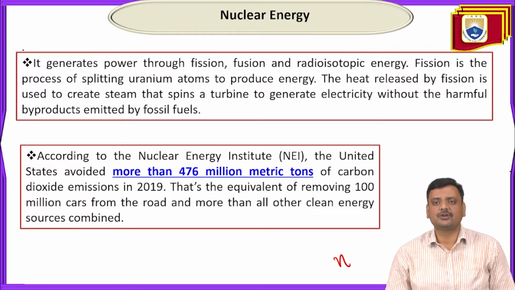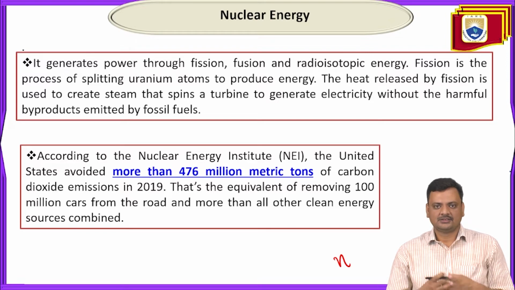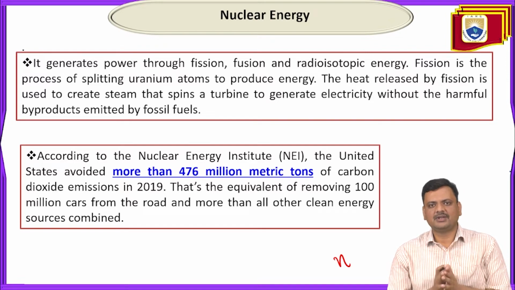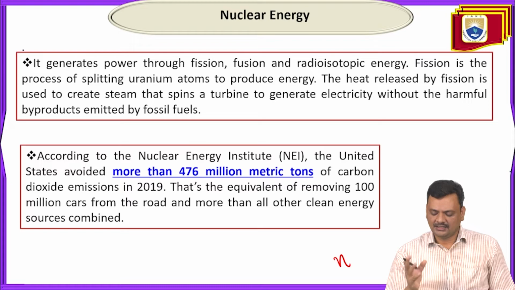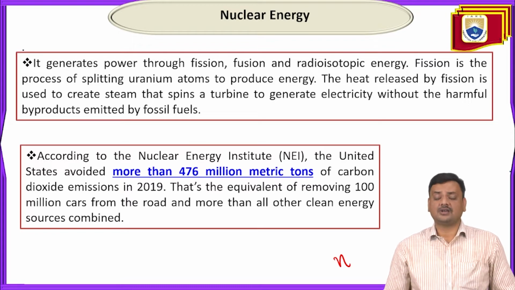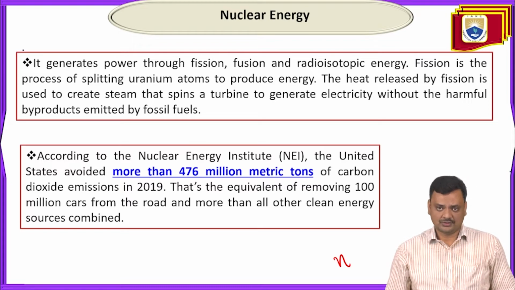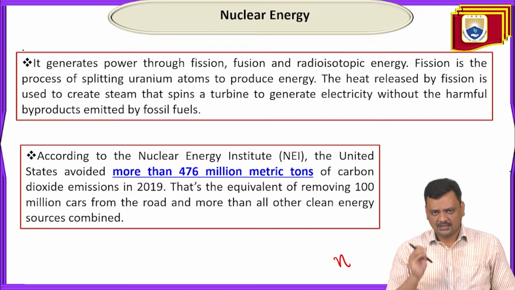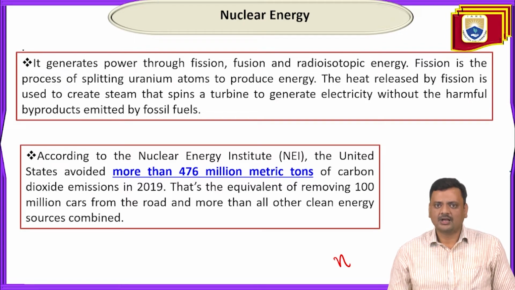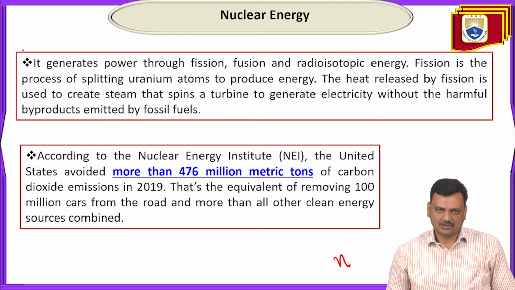Nuclear fuel means nuclear materials. Then one type of reaction will occur, and in that reaction a large amount of energy is produced. This is the basic fundamental thing, so that we can tell how nuclear energy is produced.